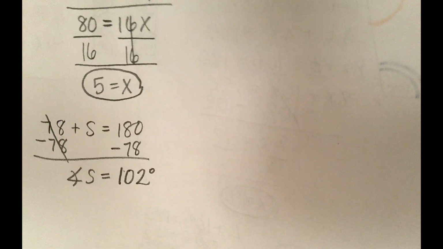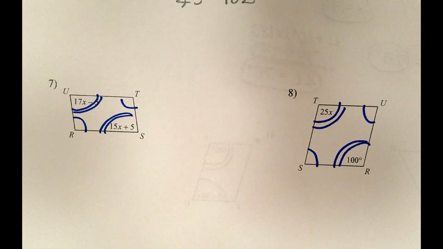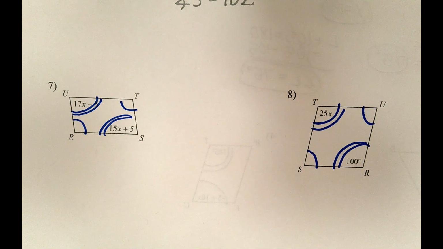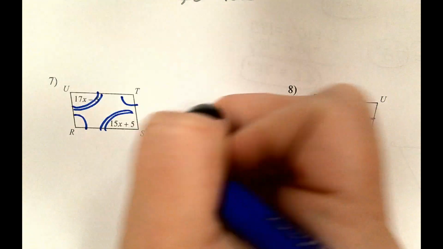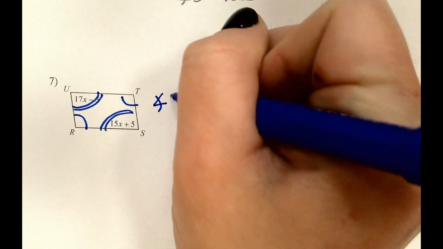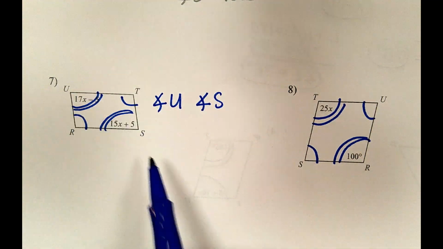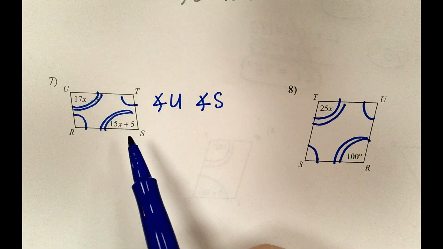Let's see, number 7. Are these equal to each other or are they going to add up to 180? We're looking at U and S. Are they the same angle or are they different? I'm going to look at my markings.